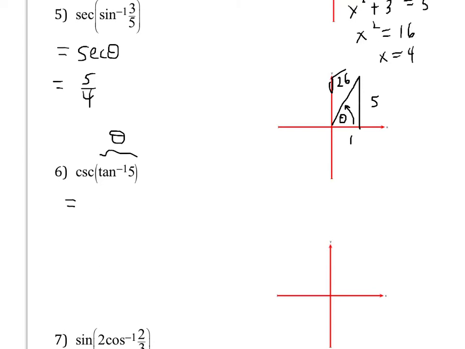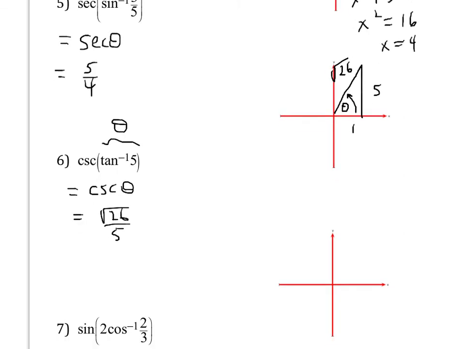I just want to find the cosecant of that angle, right? So the cosecant, whoops, let's try that again. Cosecant. So that turns out to be 1 over the sine, right? So it would be square root of 26 over 5, right?